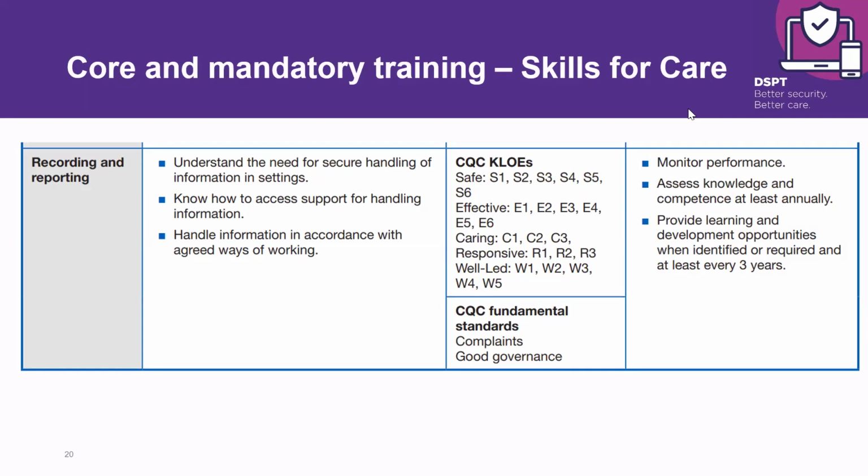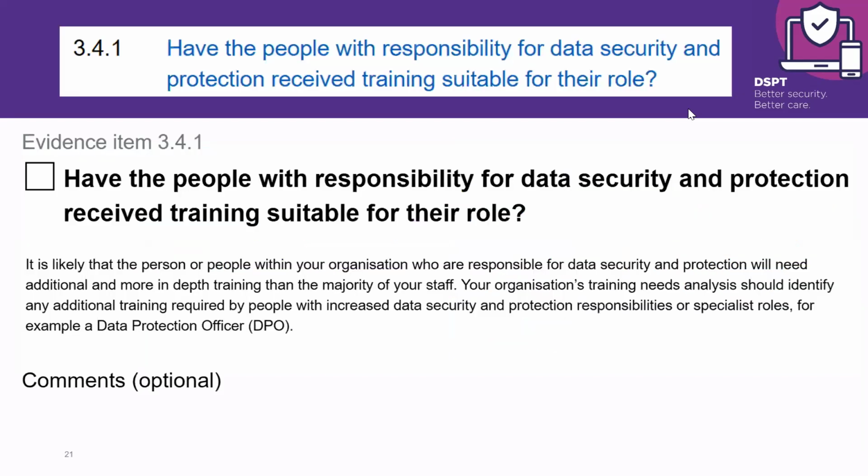So we're talking there about your policies and procedures, etc. And that it's within the previous key lines of inquiry, CQC's fundamental standards. So clearly, the toolkit has been written in a way that leads you to comply with the requirements as set by Skills for Care and CQC, etc. So having put in your response to the question, clicked on save, move on to the next question.